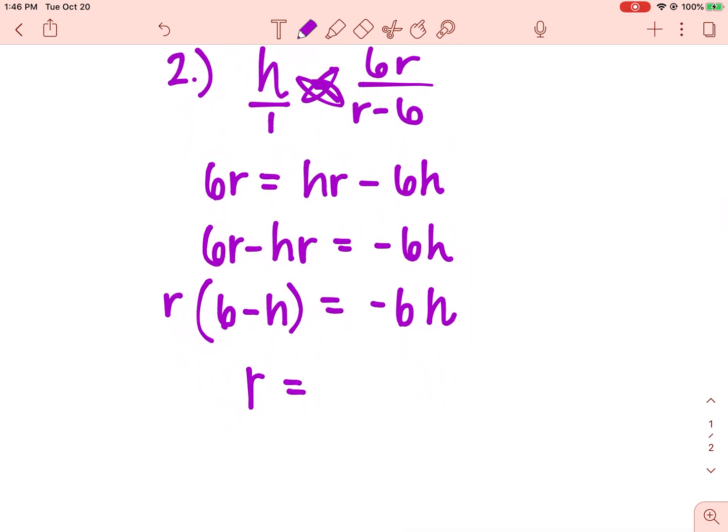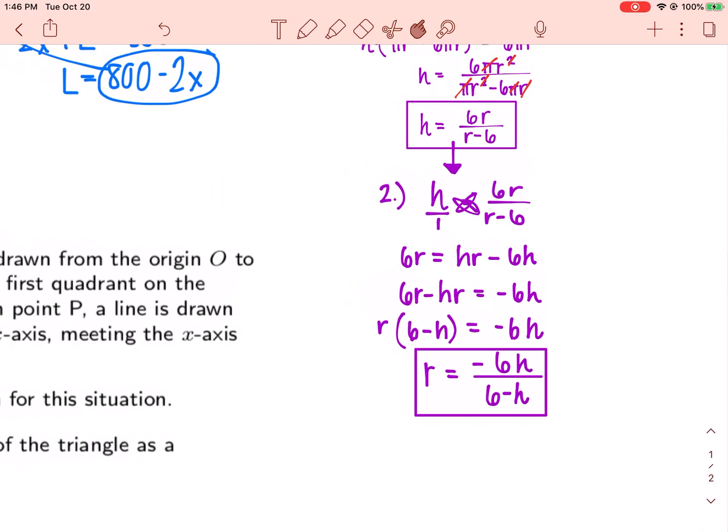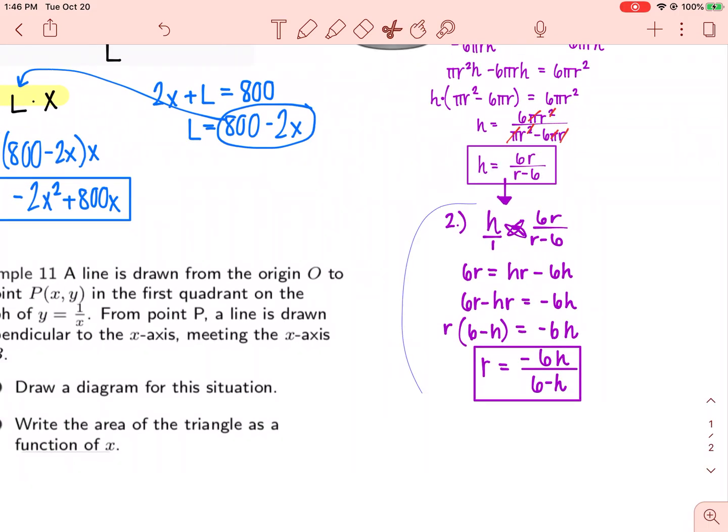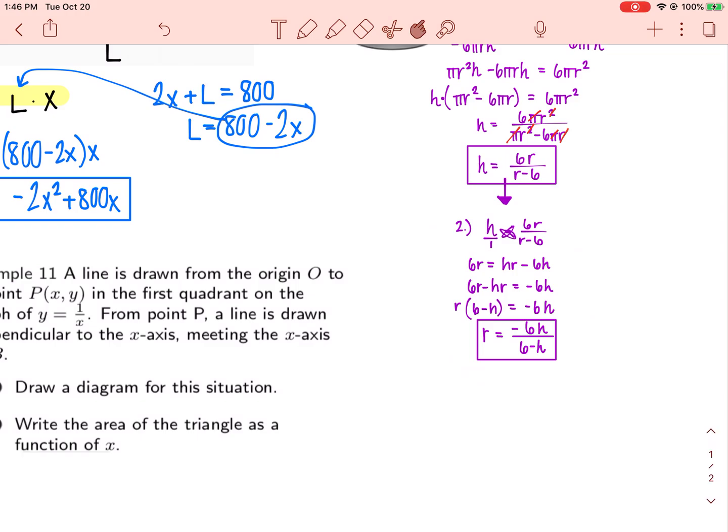Divide, and I would get negative 6h over 6 minus h. That is radius in terms of height. Okay, so always try to find the easiest way. You could do it the long way like I was starting, but let's make our lives easy.